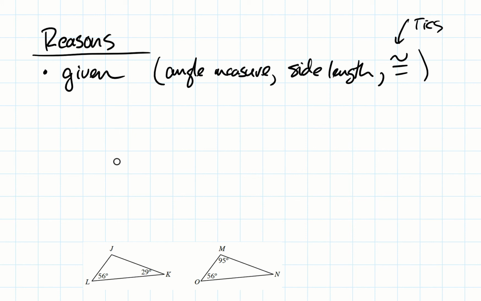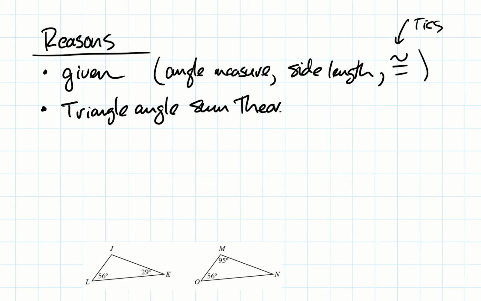It's given. Another one that we mentioned yesterday is the triangle angle sum theorem. It basically just states, and it was in our text, that the three angles in a triangle add up to 180 degrees.